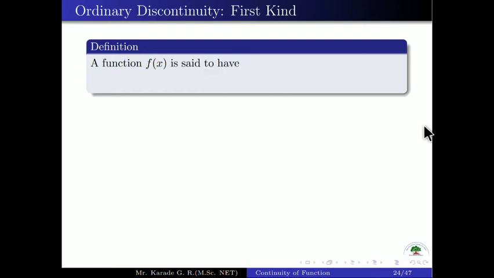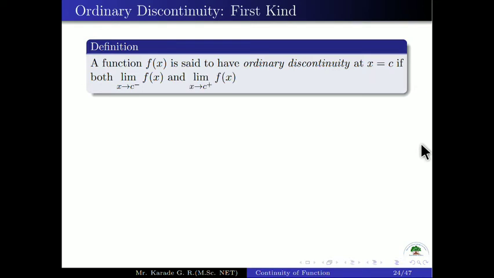A function f(x) is said to have ordinary discontinuity at x equal to c if both limit f(x) as x tends to c minus and limit f(x) as x tends to c plus exist, but limit f(x) as x tends to c minus is not equal to limit f(x) as x tends to c plus.